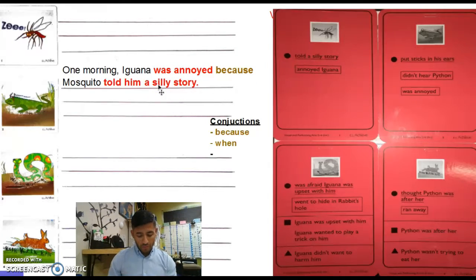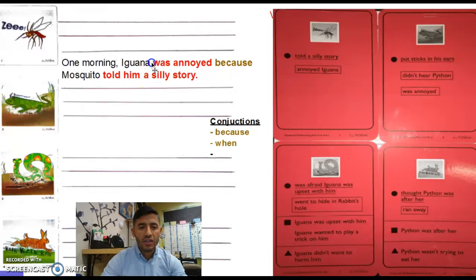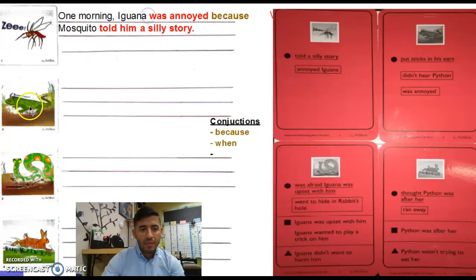I'm wondering where that one would fit best. Let's see here. I think that was right at the beginning of the story, so I think I'm going to put that there. Because I see that Iguana has sticks in his ears over here, okay? So I'm going to leave that one.